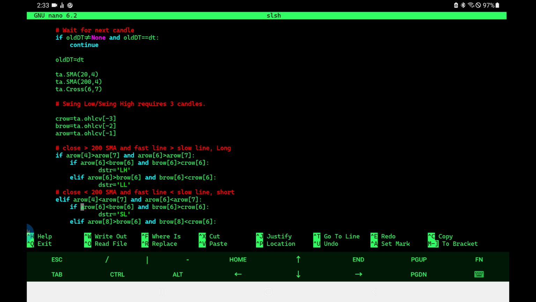swing low must be the pattern of A is less than B, and B is greater than C. That is, B becomes the crown of the tip, or the point of the upside down V. So by using this approach, because we're shorting, we're exactly opposite of a long position.